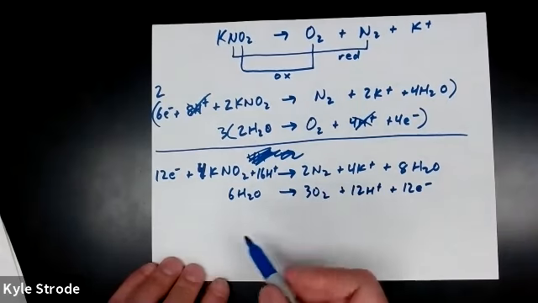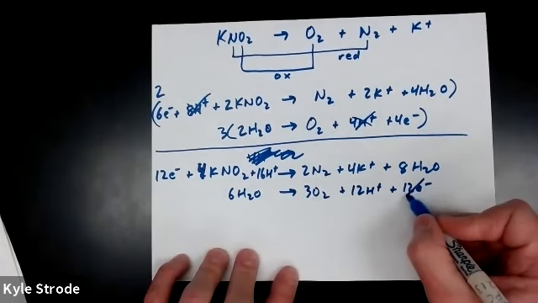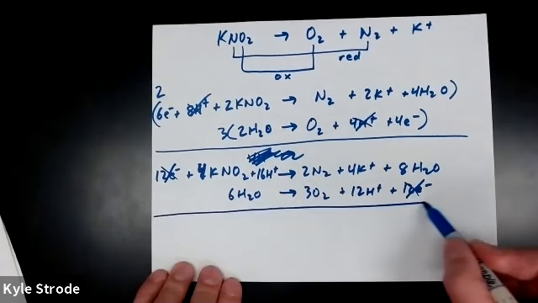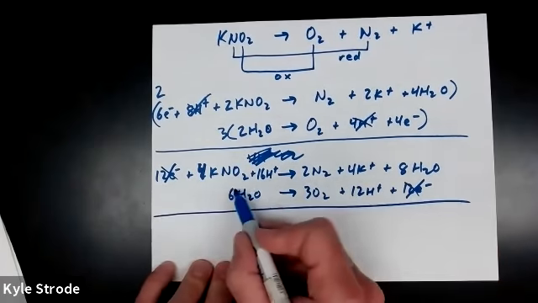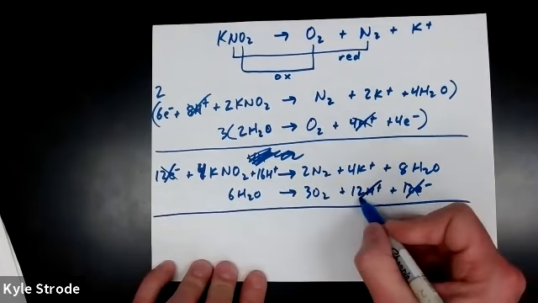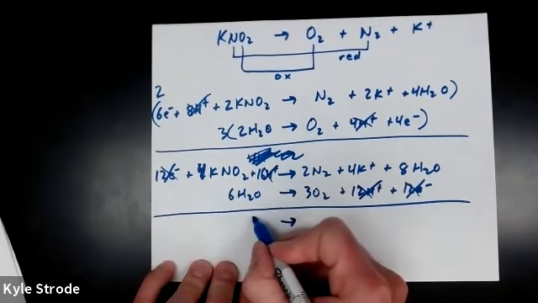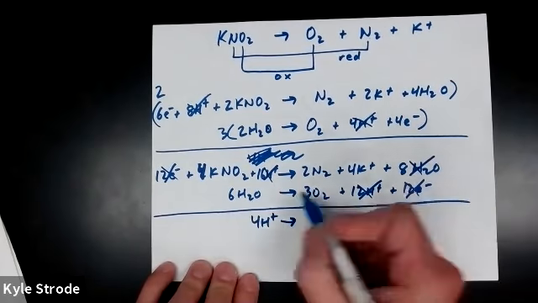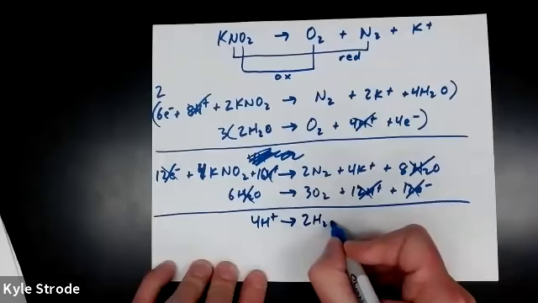Okay, now I can finally cancel my electrons, and then I can cancel my H pluses and waters. I've got 16 H plus on the left and 12 on the right. That gives me 4. 6 waters on the left, 8 waters on the right. That gives me 2.